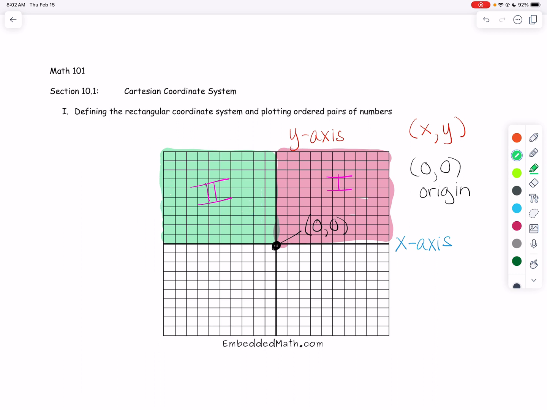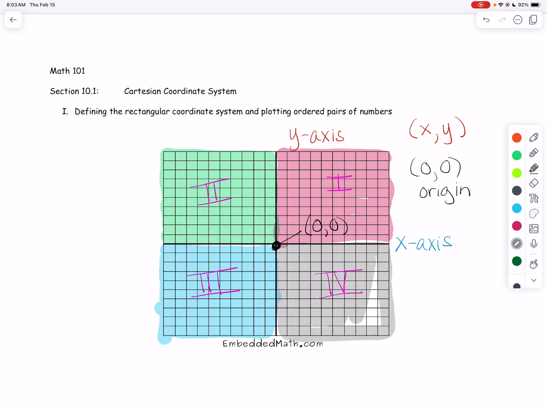Then we go to quadrant III, which is the lower left, and quadrant III is down here. And last but not least, we have quadrant IV, which is in the lower right-hand corner.